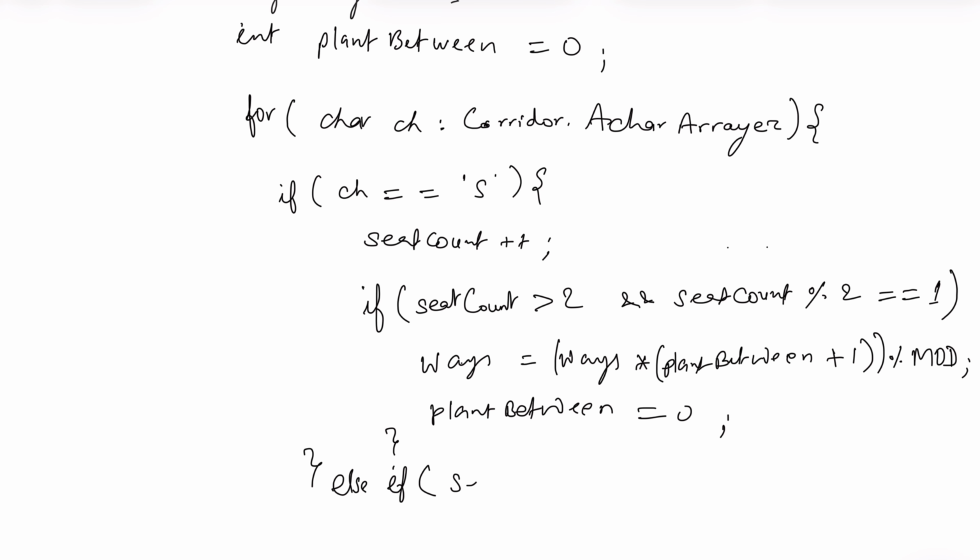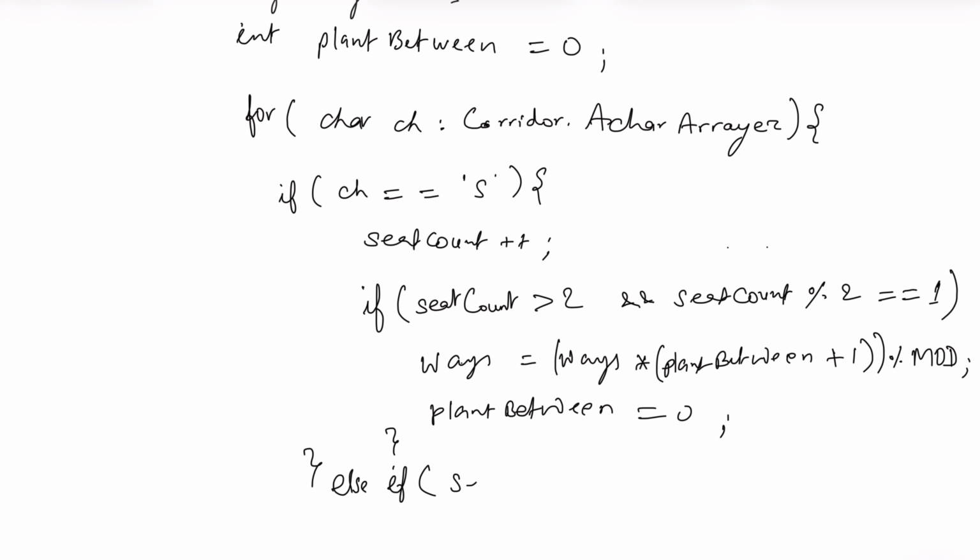So if the seat count is less than 2, or seat count mod 2 is not equal to 0, then we'll return 0.